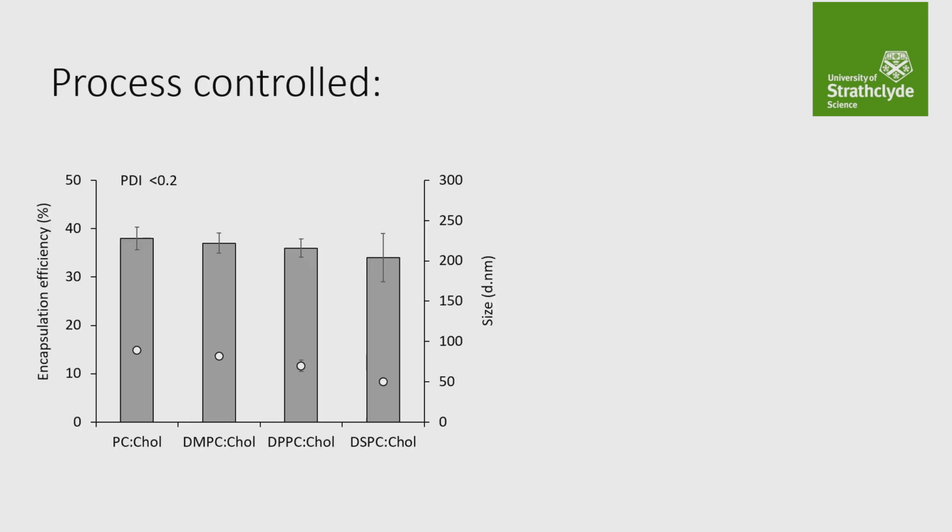So, in terms of particle size, we've got that. What about protein loading? Here we have 4 formulations where we've increased the phospholipid chain length from PC to DSPC. You can see we get nice, similar protein loading, 35 to 40%, irrespective of what phospholipid we use. So we're seeing basically here the protein loading is process controlled and not driven by the lipid.